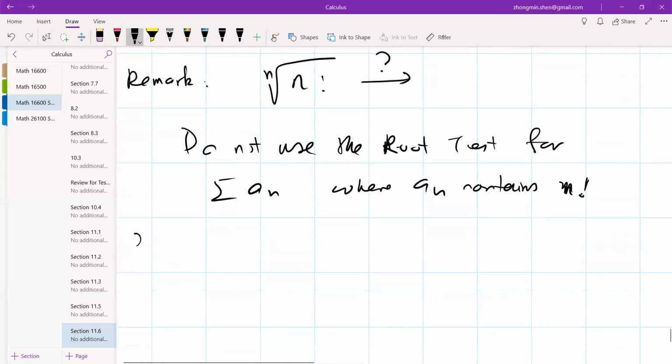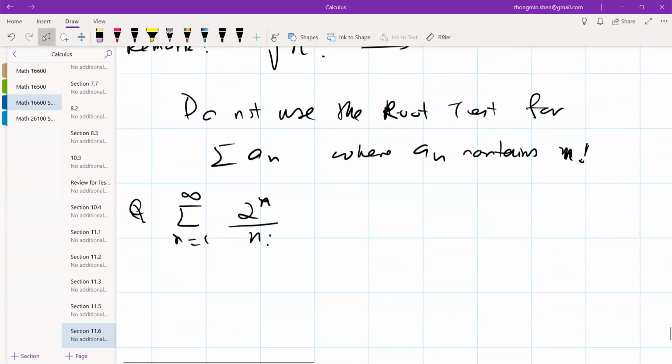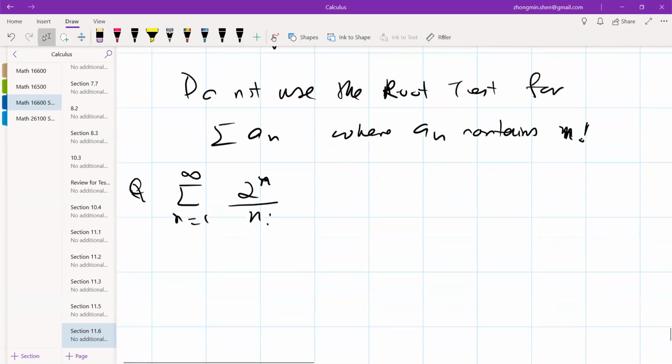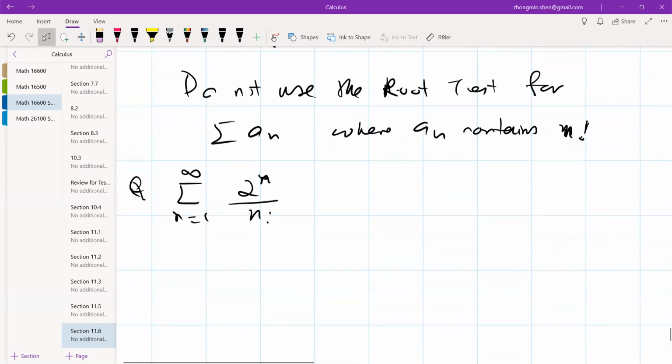So that means if you have a series like 2 to the power n over n factorial, right? It looks like you should use the root test, right?